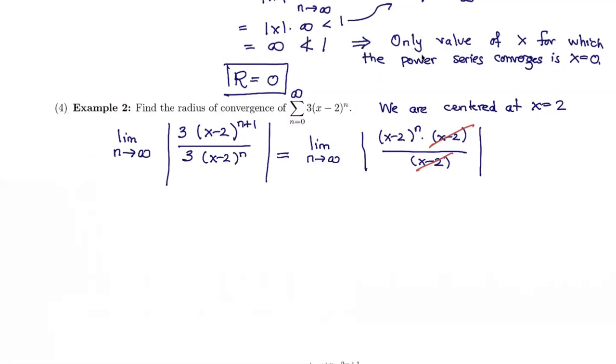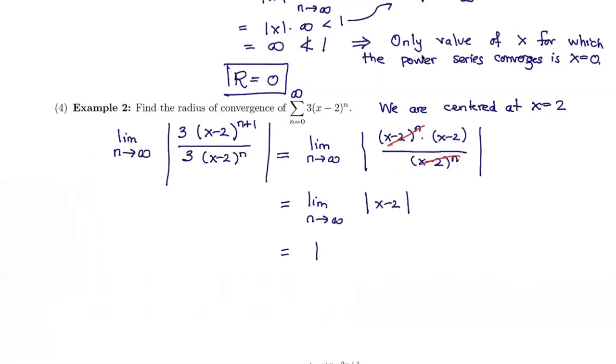Sorry, I canceled out the wrong things. We can cancel out the (x minus 2) to the n's, leaving us with the limit as n goes to infinity of the absolute value of x minus 2. There is no n in this problem, so we don't have to worry about it.